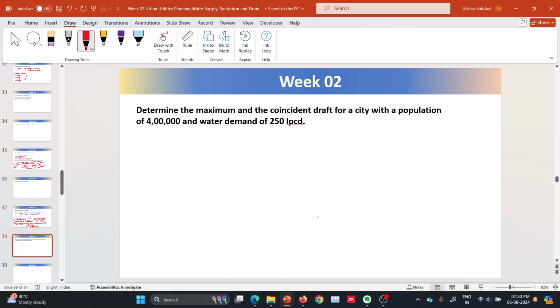Determine the maximum and coincidental draft for a city with a population of 4 lakh and water demand of 250 LPCD. Let's solve this. First, the demand is the annual average daily draft.